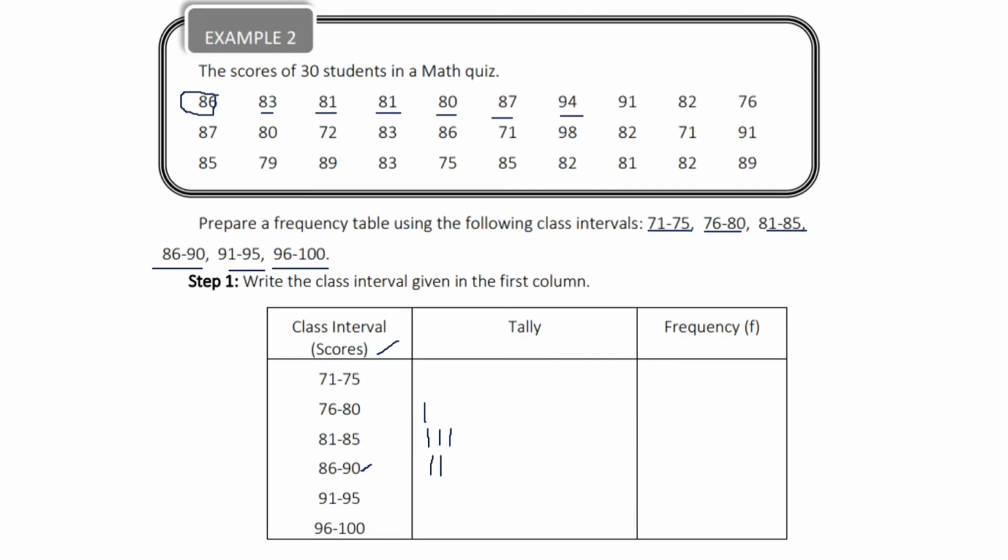94 belongs to the interval 91 to 95. 91 also belongs to that interval. 82 belongs to the interval 81 to 85. 76 belongs to the interval 76 to 80. 87 belongs to the interval 86 to 90, and then 72 in this interval.